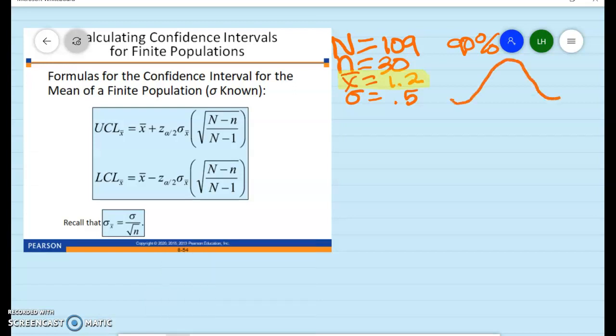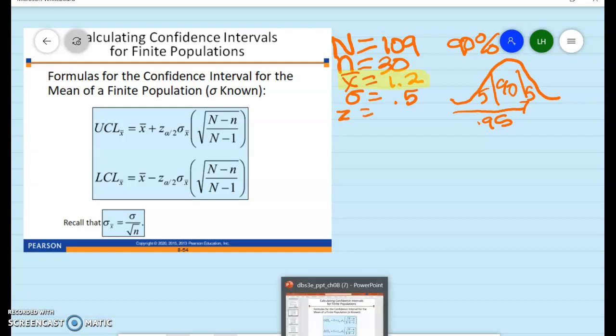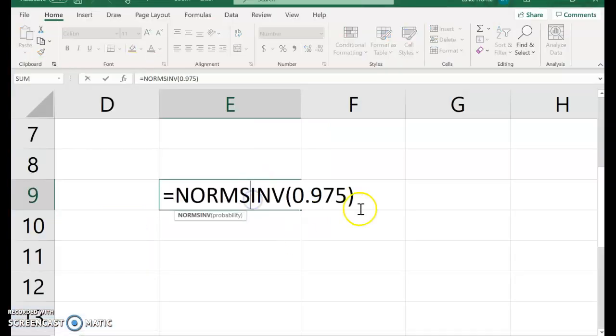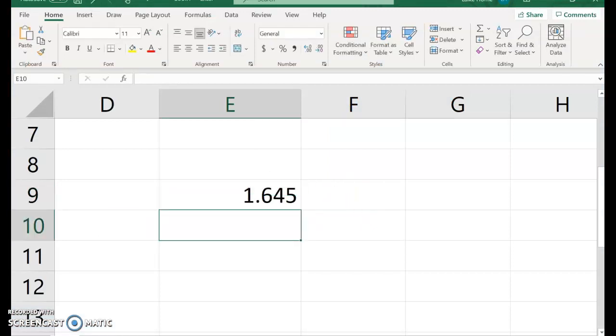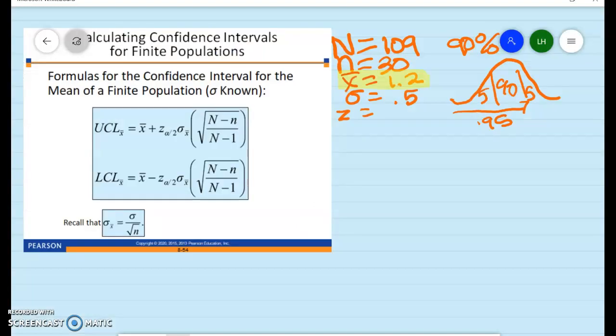So if we're doing 90, that means there is 5 on each side. So we need to look up the probability of 0.95 to get our Z value. So we're just going to use Excel and 0.95, and we get 1.645 for Z. So Z is 1.645. So now we have Z.